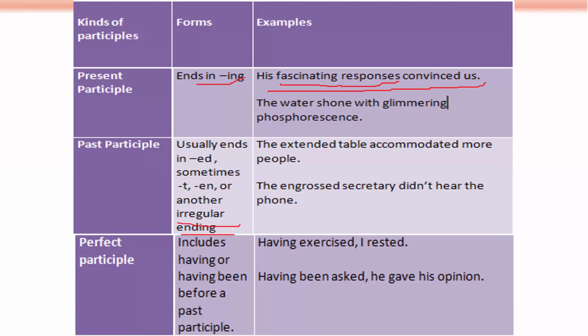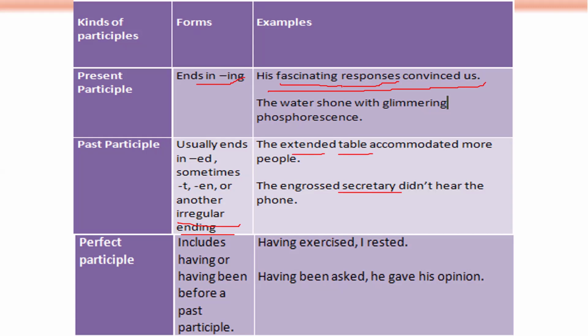For example, the extended table accommodated more people. What kind of table are we talking about? Extended. So we use the past participle extended, okay? The engrossed secretary didn't hear the phone. So, adjective ulit. The adjective that describes the secretary is engrossed.